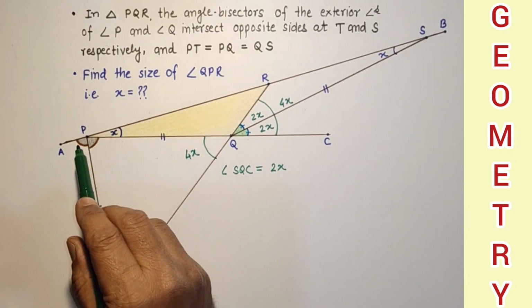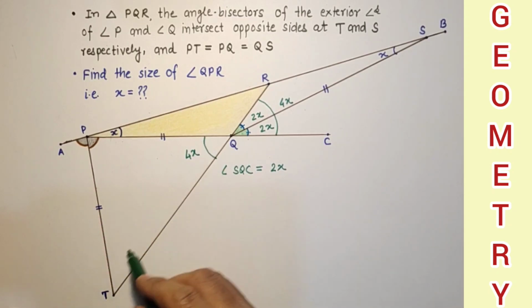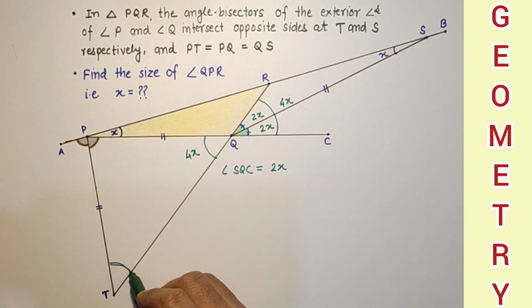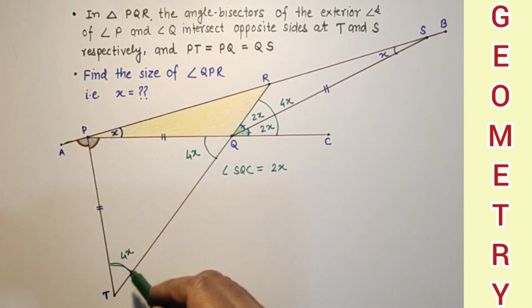Now since PQ is equal to PT, therefore in triangle PTQ these two angles are equal once again. Angles opposite to equal sides are equal, so this is 4x.